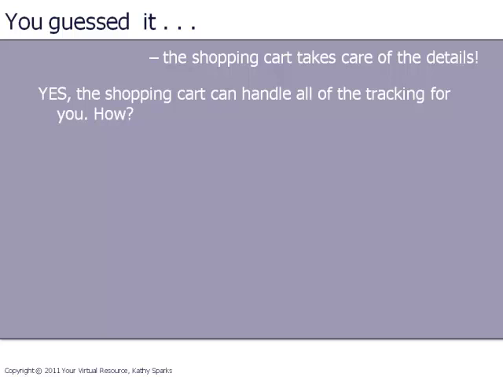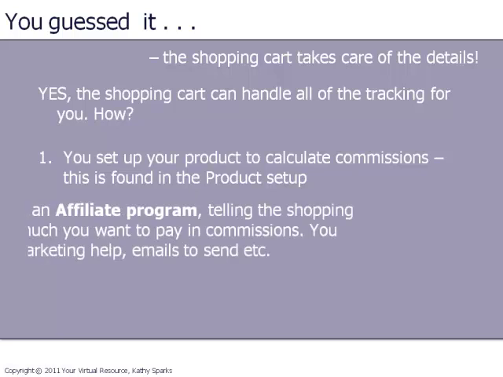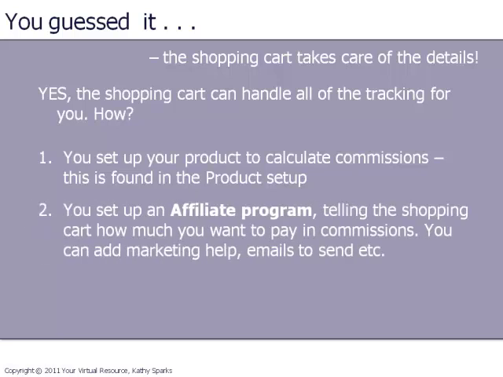How does it do it? Well, first you set up your product to calculate commissions. This is found in Product Setup. Then you set up an affiliate program, telling the shopping cart how much you want to pay in commissions. You can add marketing help, emails for them to send, all kinds of information to help them sell your product.